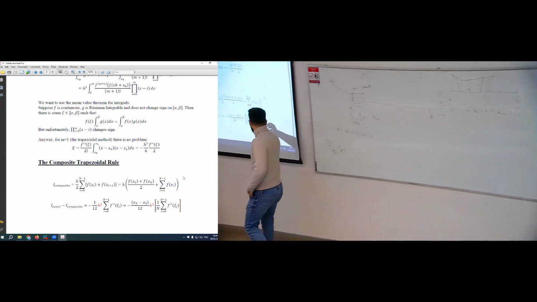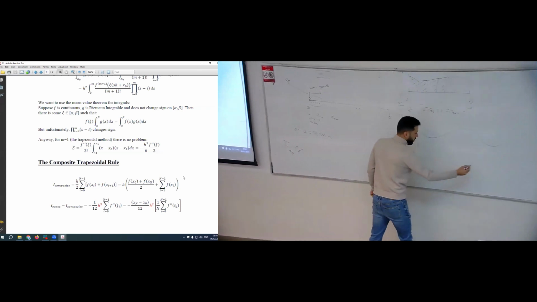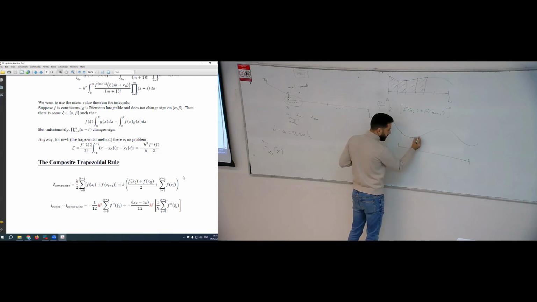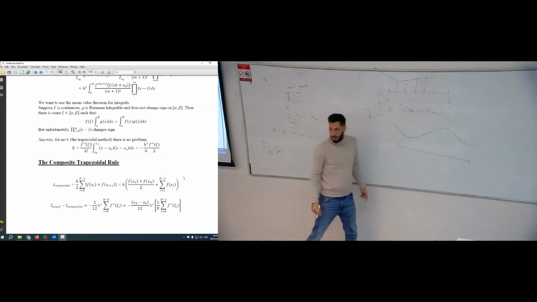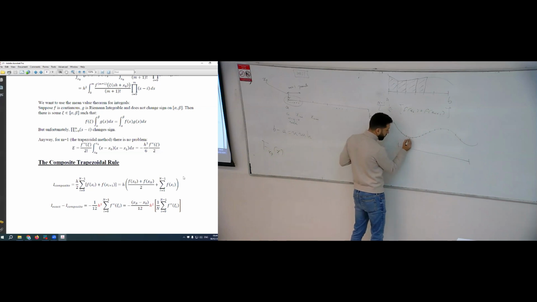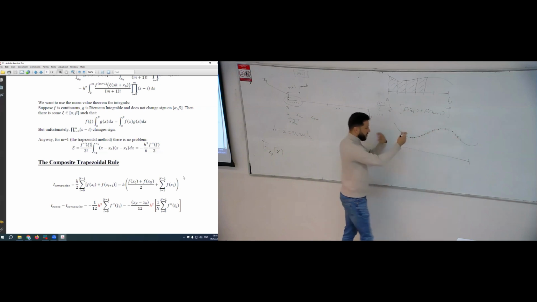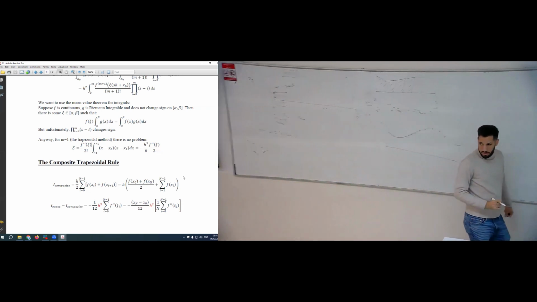Because if we have some function, we divide this, we say, let's take the average of these values. And after that, the average of these values, all of them. And n gets larger and larger. So it's the average of the function. Okay.